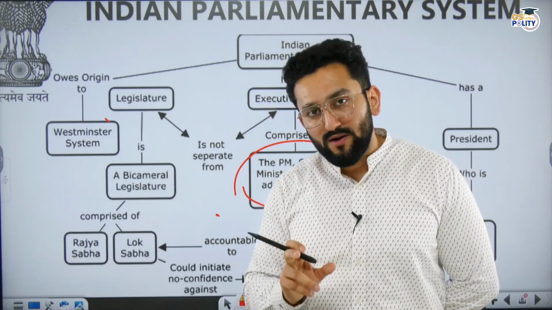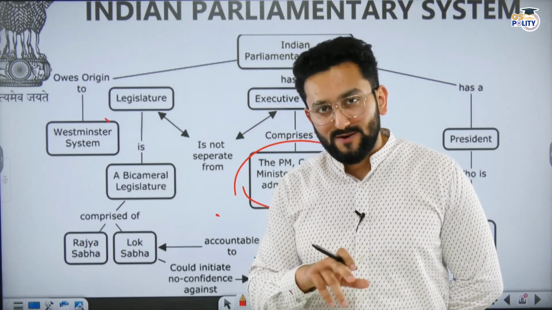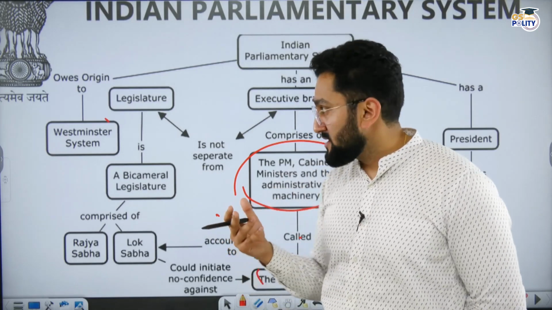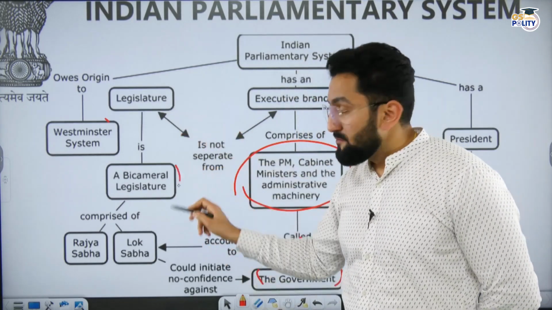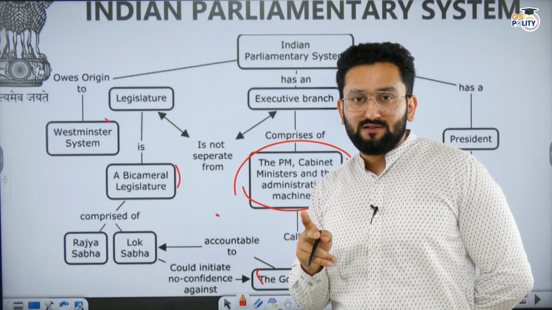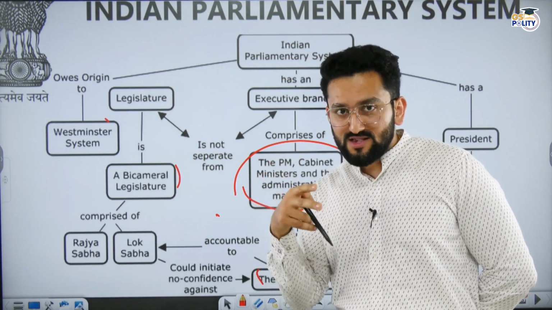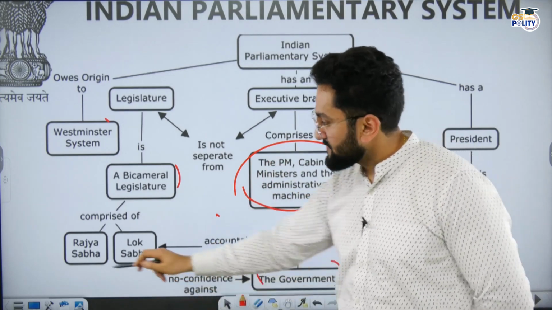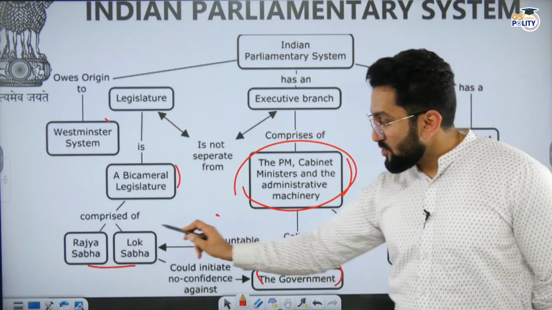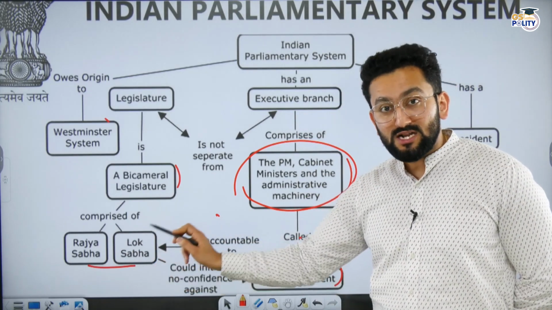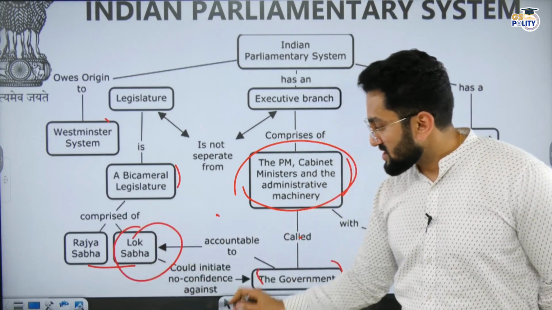Westminster is a place where British Parliament is located, and that's why it became famous, that Westminster model. So in India we have bicameral legislature. It means two houses at the center, Lok Sabha, Rajya Sabha, right? And this government is actually responsible to these houses and specifically responsible to Lok Sabha.